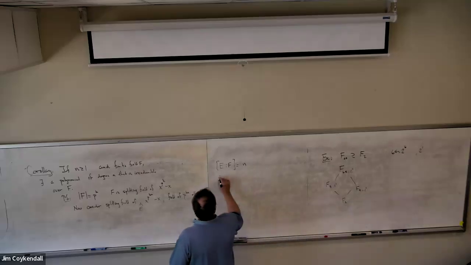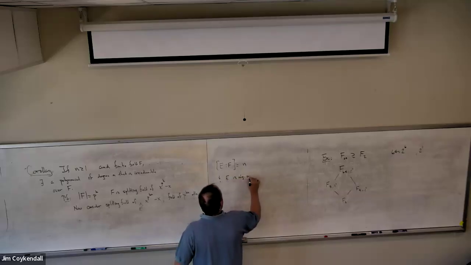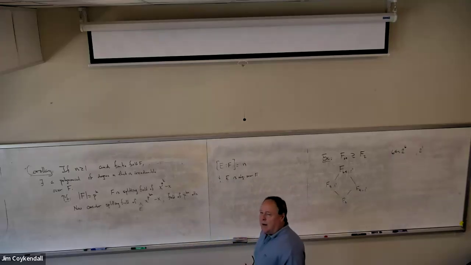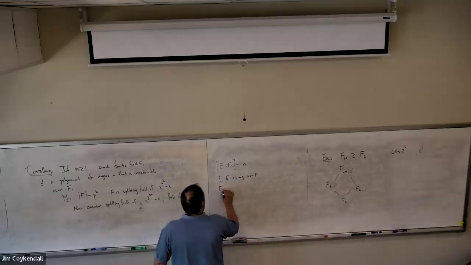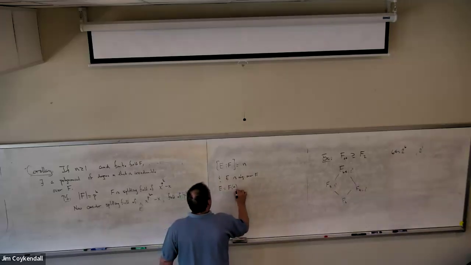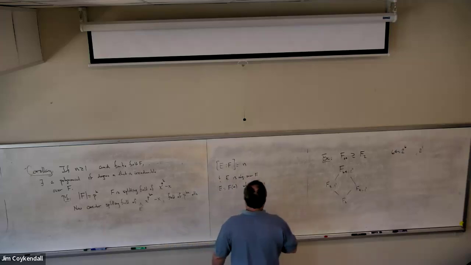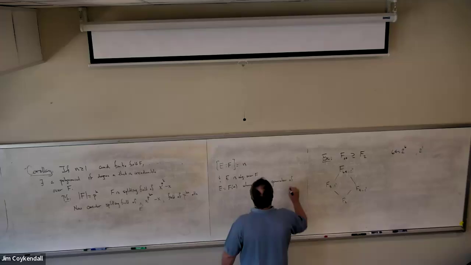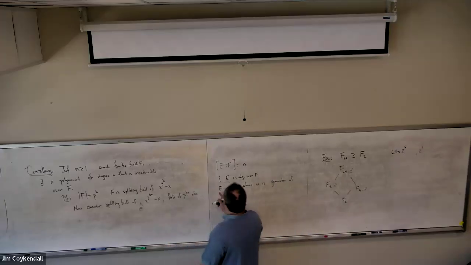And E is algebraic over F. And not only that, E equals F(alpha), where alpha is a generator of the cyclic group E star, right?